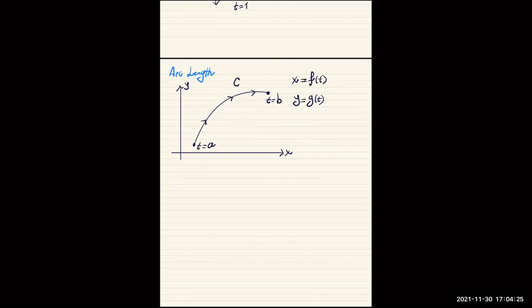Again, we want to figure out the length of this arc from this endpoint to this endpoint, corresponding to those t values. Well, length means distance, and we all know how to find distance. In R2, we use the Pythagorean theorem, nothing else.